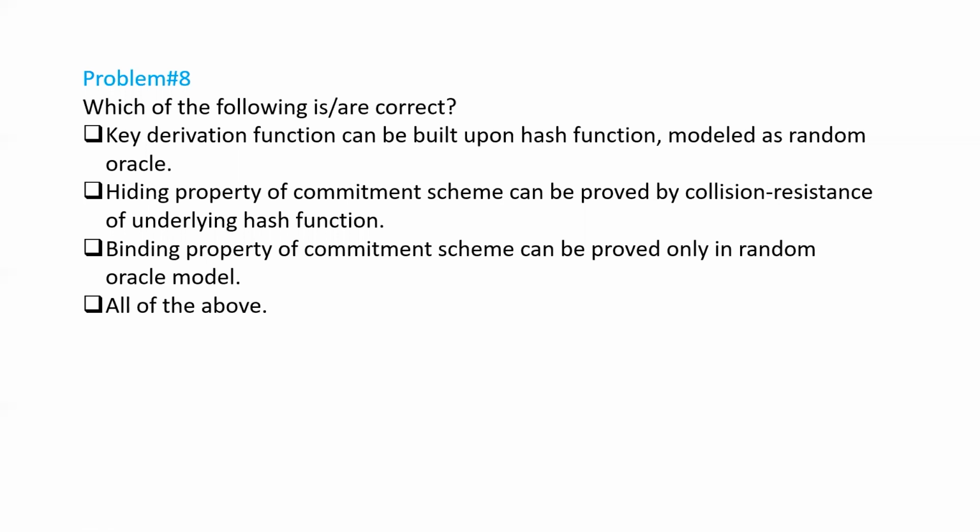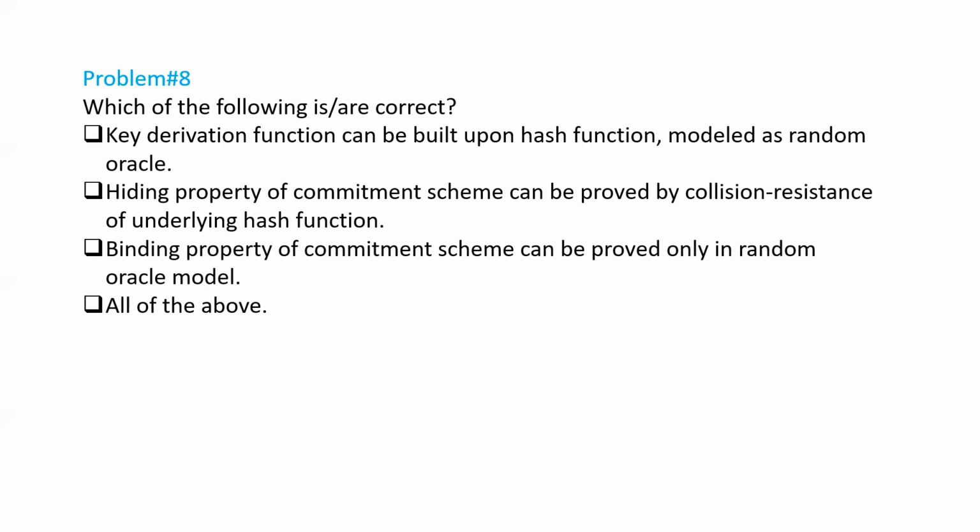Because collision resistant hash function has application in key derivation function, where two parties who have some pre-shared information which is highly unpredictable by some third party, and from that pre-shared information they try to generate some key, and the key should be uniformly randomly distributed over the key space.